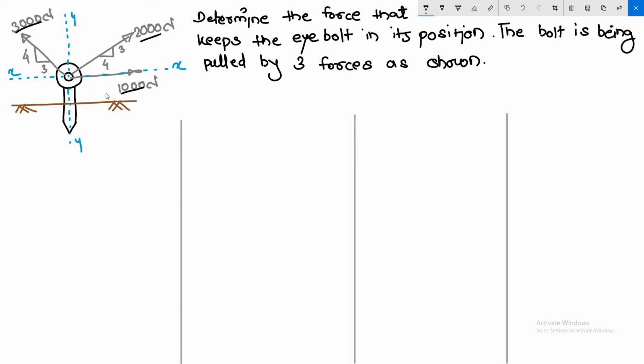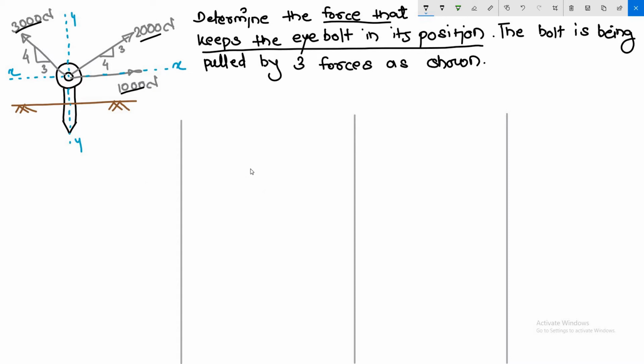Now we have to determine a force that keeps the eye bolt in its position. Here comes the concept of equilibrant force. What is equilibrant force?